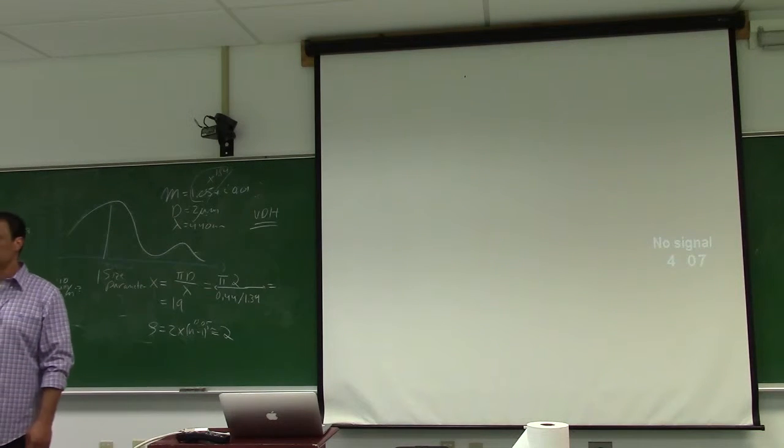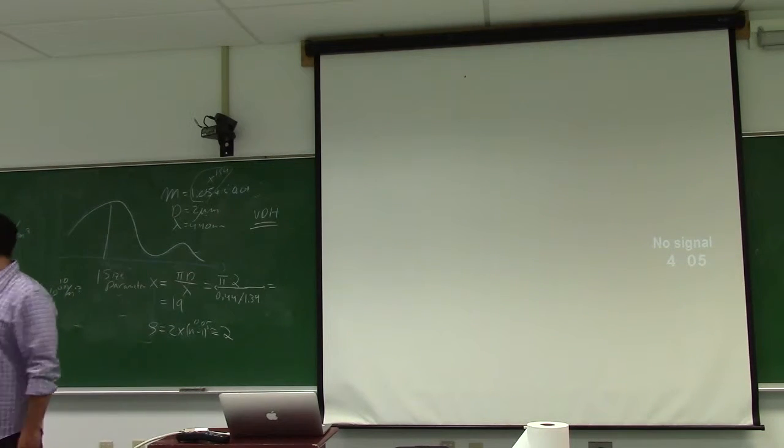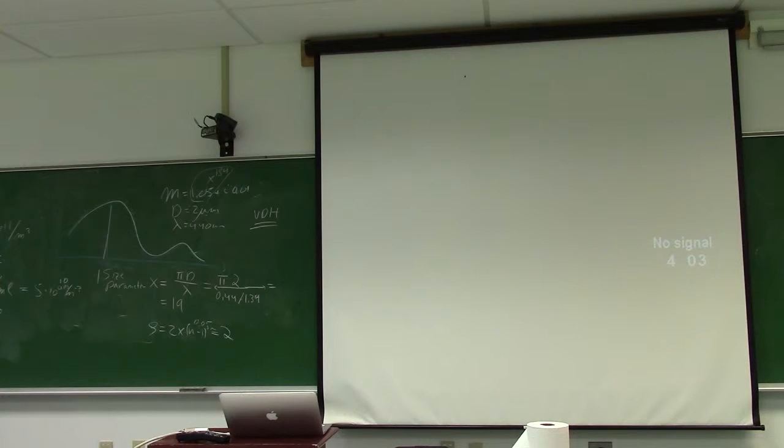Remember, the cross section is going to be pi times 2 times 10 to the minus 6, all this squared, divided by 4. Awesome. So that's the cross section, and then you have to multiply it by the number of particles.